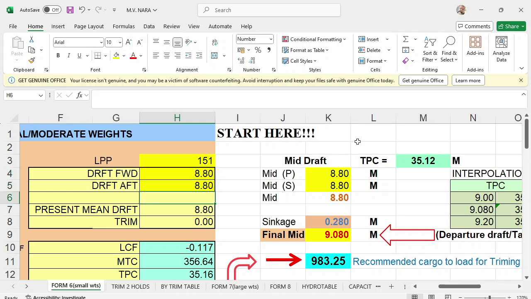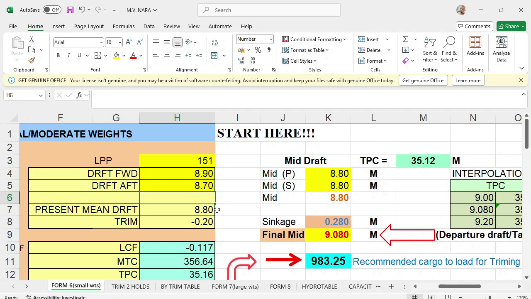Okay, just take note, guys. So now list even keel, forward and aft. Let's say you have a list of 20 centimeters. You put this 8.9, 8.9, 8.7, 8.7.